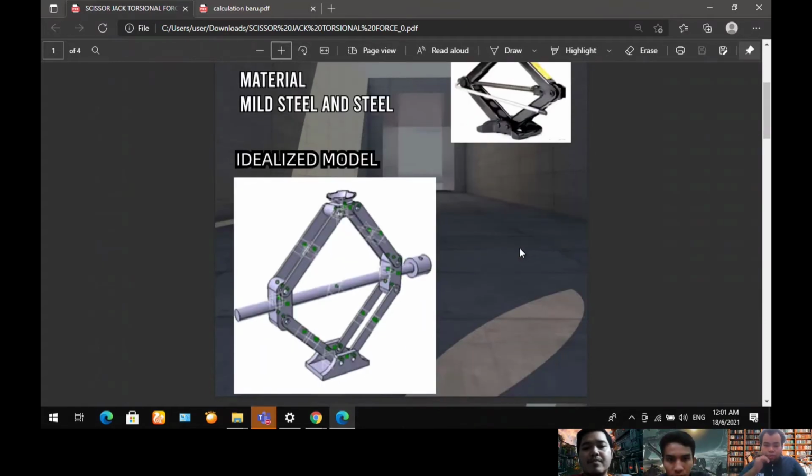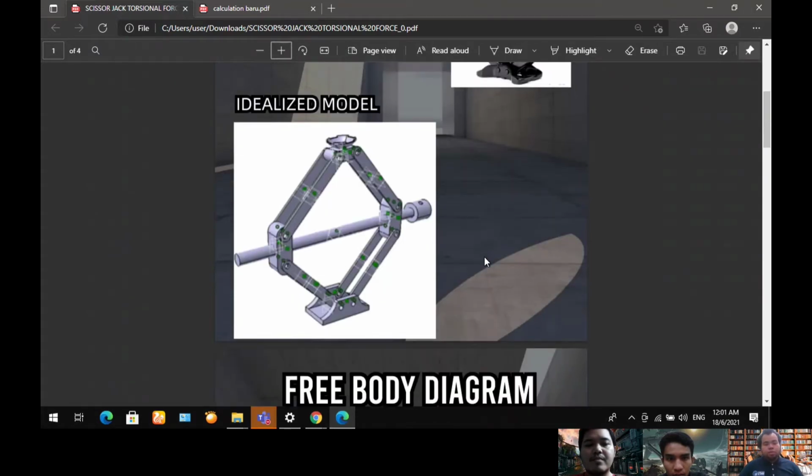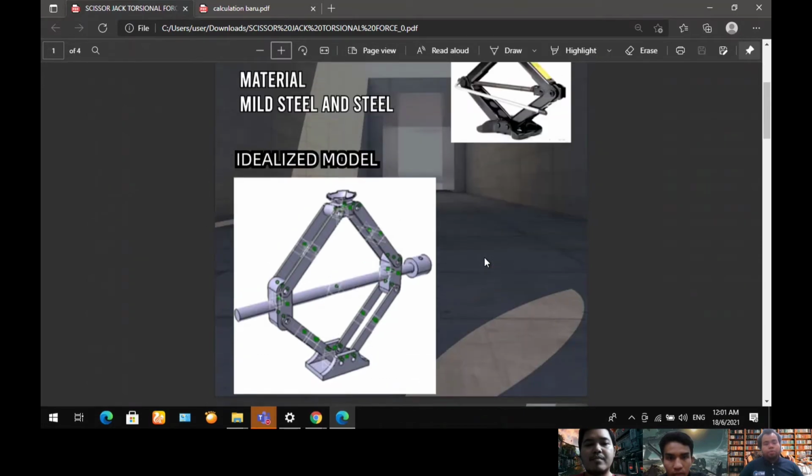The scissor jack is a conventional jack that is used in vehicles on the roadside and by people nowadays. The material of the scissor jack is usually steel and mild steel. Based on the poster, we can also see the idealized model.